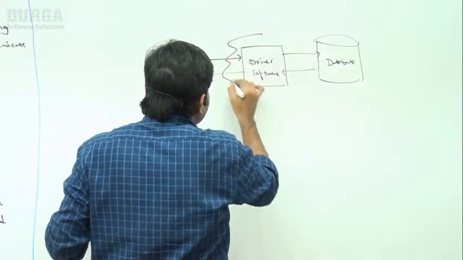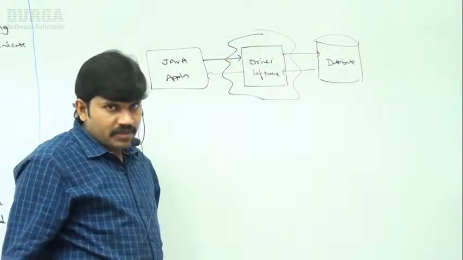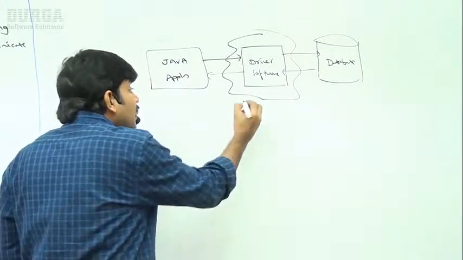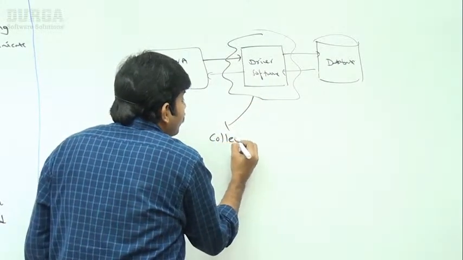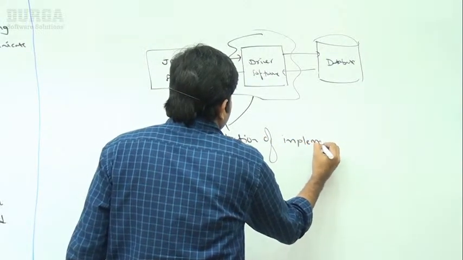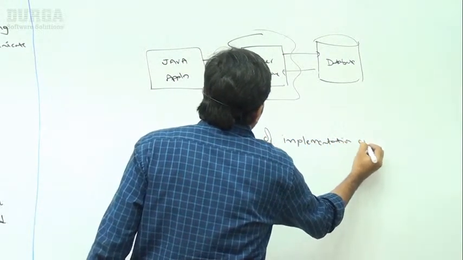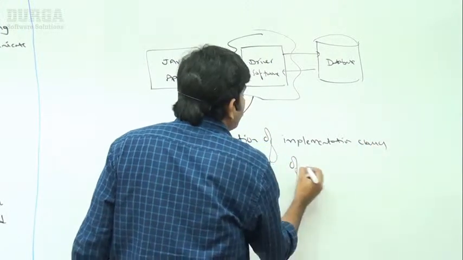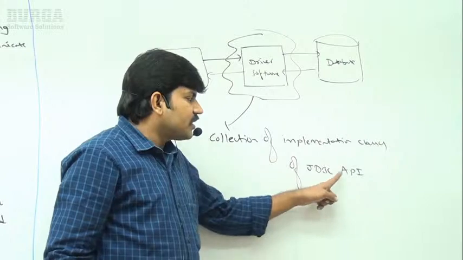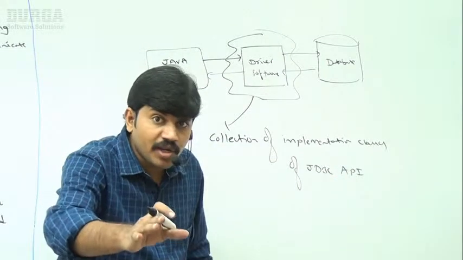Sir, what is this driver software? This driver software is nothing but a collection of implementation classes of JDBC API. Remember this one. Inside JDBC API, several interfaces are there, right?